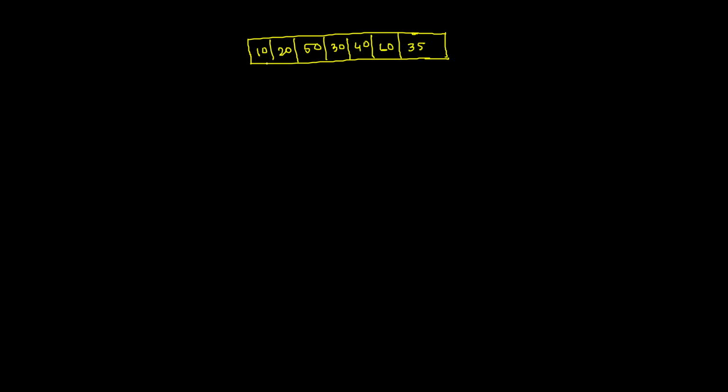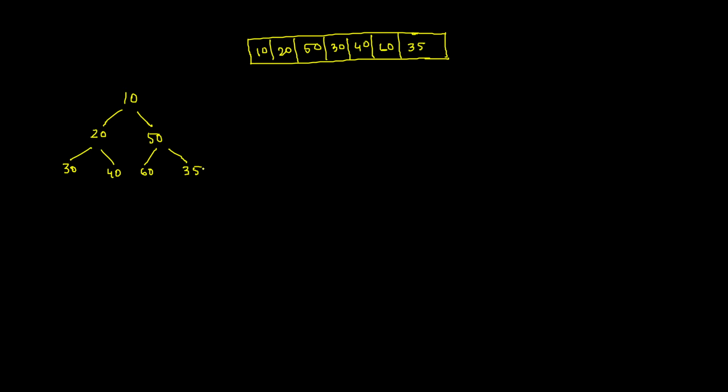So if the array contains something like this, then your corresponding complete binary tree will be something like 10, then this side will have 20, then this side will have 50, then we have 30 over here, then 40, then 60, then 35, right? And 35. So this is the complete binary tree, but it is not a max heap.